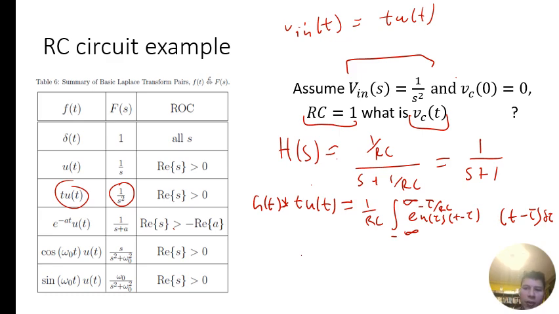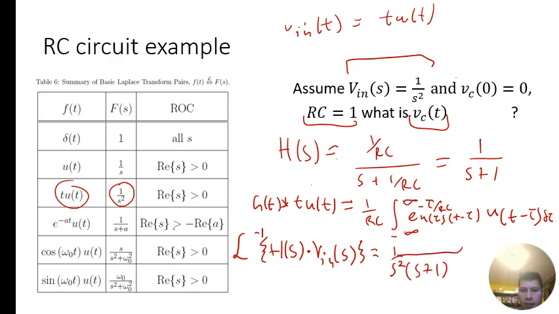I'm guessing a lot of you don't want to do this. Alternately, what we can do is simply take the inverse Laplace of H(s) times Vn(s), and those two things will be equal. And that's just equal to 1 over s squared (s plus 1). So as you can see why you would want to do this.